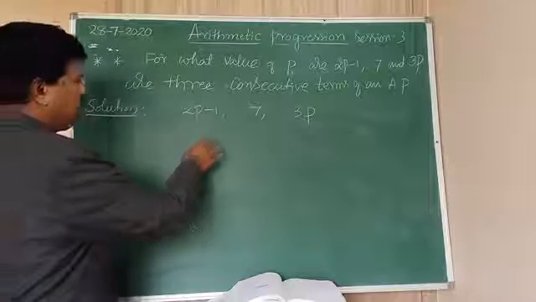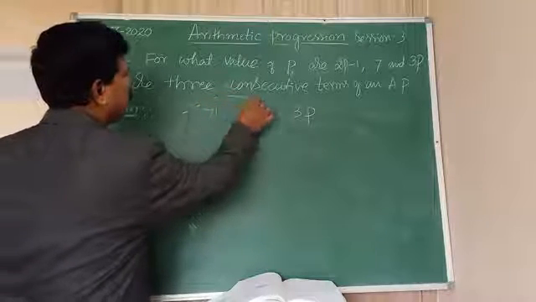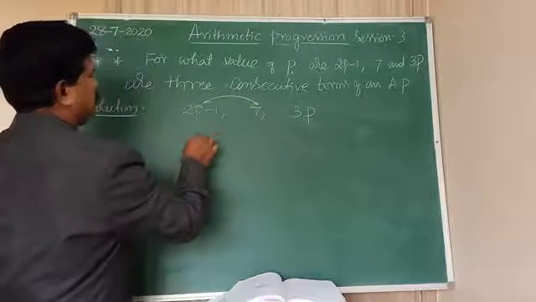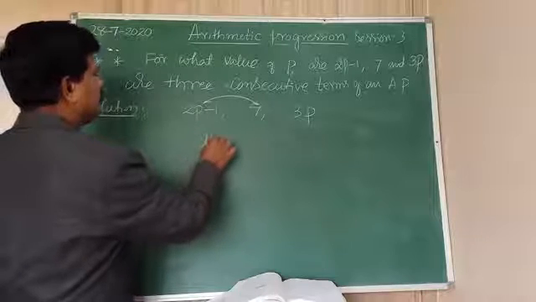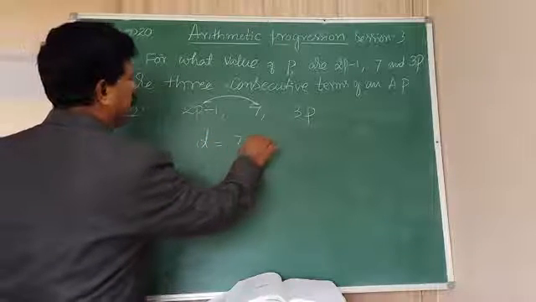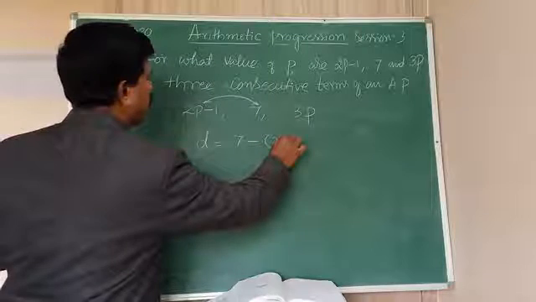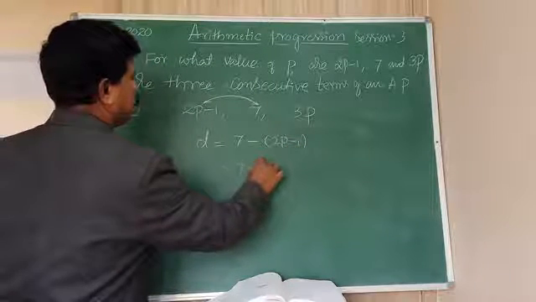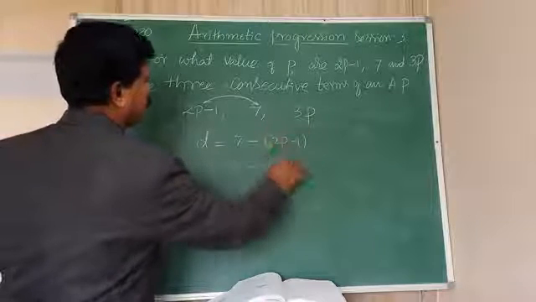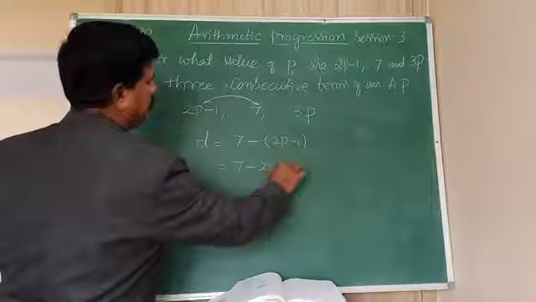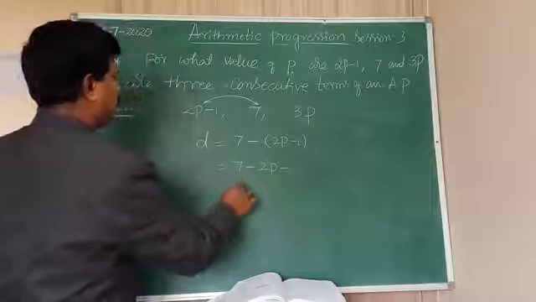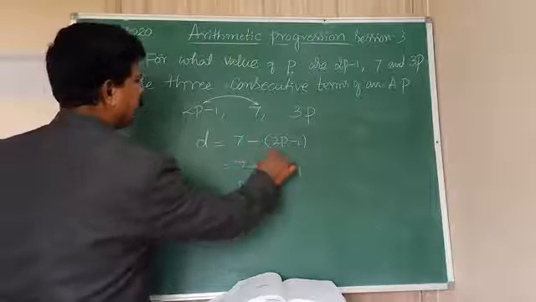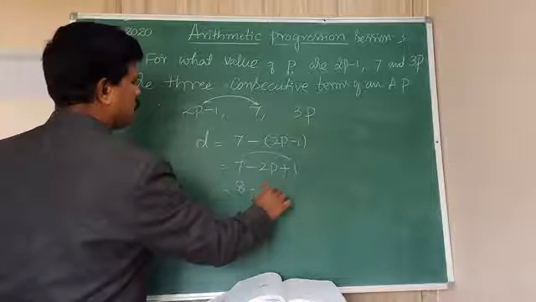Now, first find the difference between these two, that means the common difference. So for that, d equals 7 minus of 2p minus 1. That is 7 minus 2p, and multiplying by the minus sign, plus 1. So it becomes 8, 7 plus 1 is 8, minus 2p.